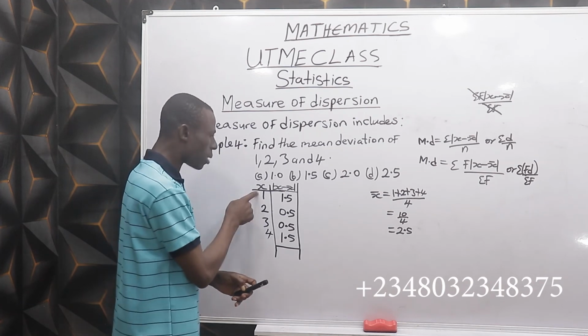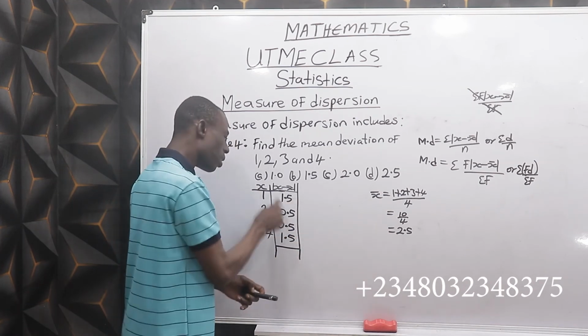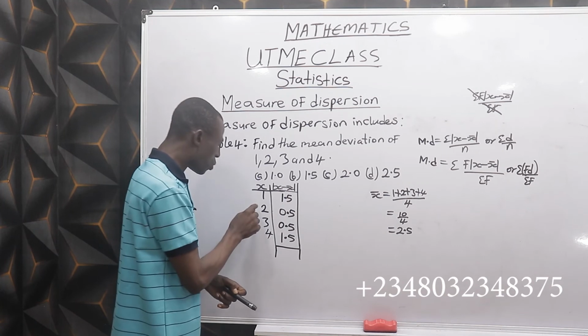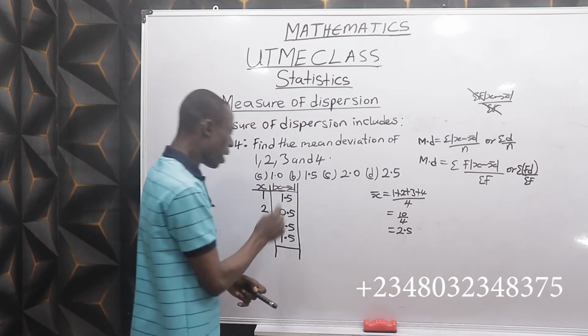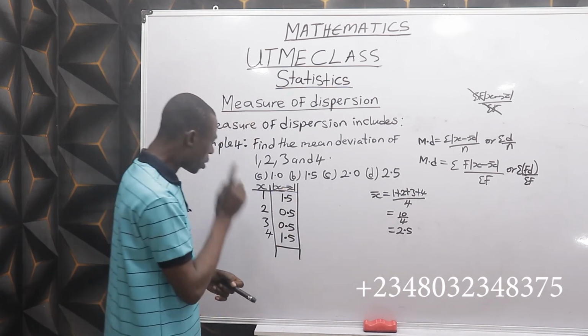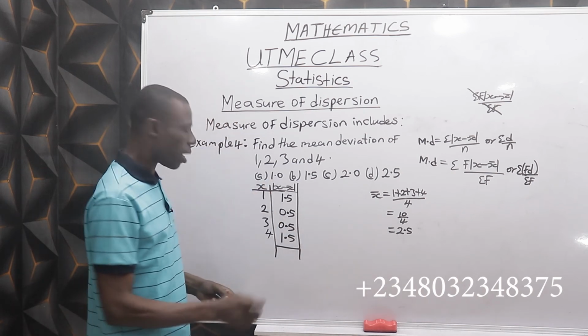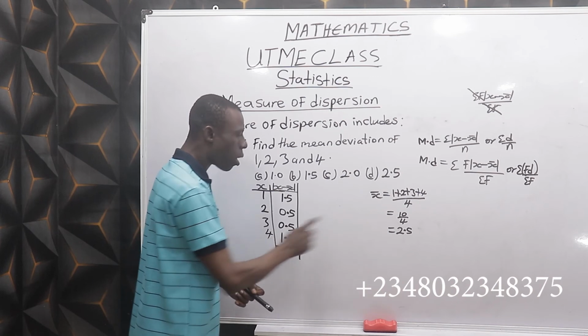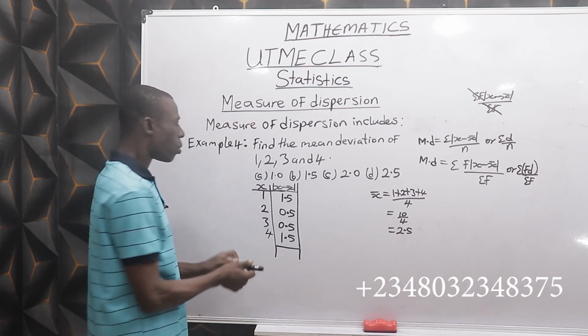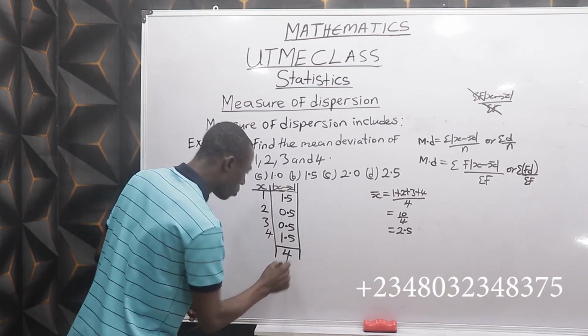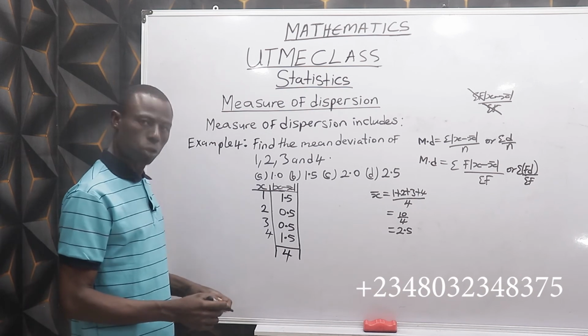The difference between 1 and 2.5 is 1.5. The difference between 2 and 2.5 is 0.5. Difference between 3 and 2.5 is 0.5. Also, the difference between 4 and 2.5 is 1.5. So, adding them together, we get 4. Do you understand?